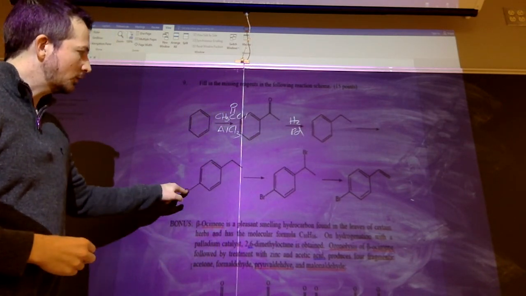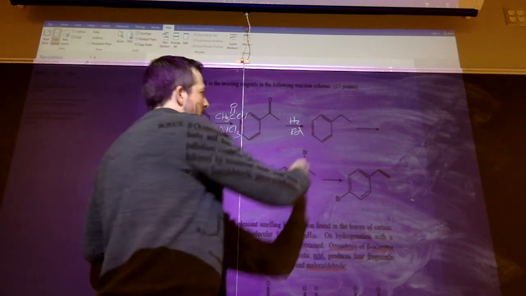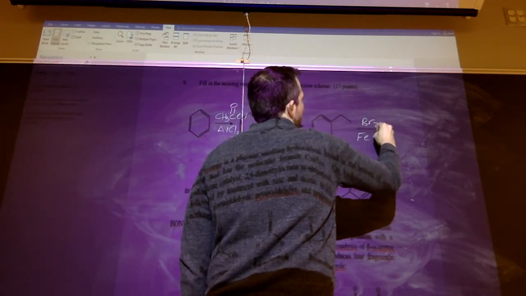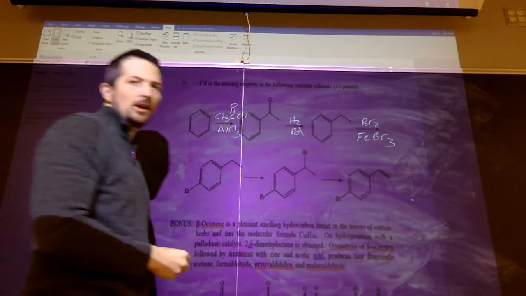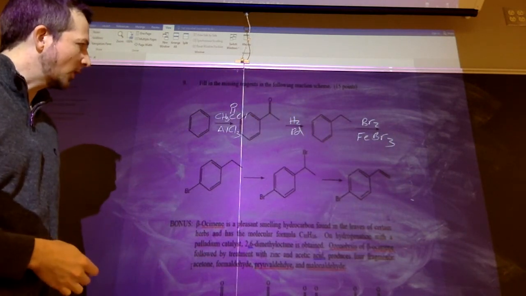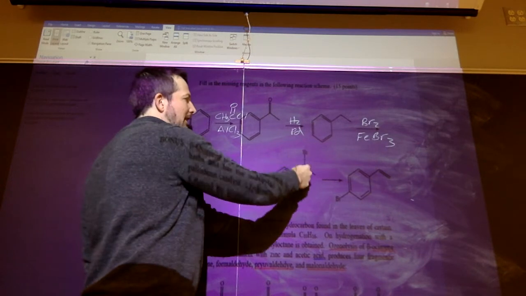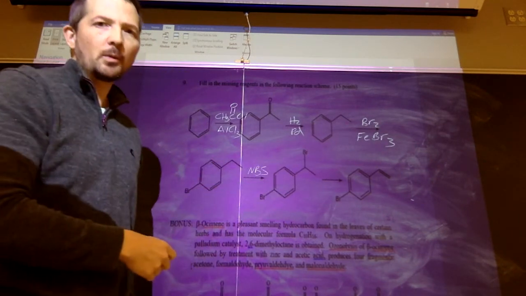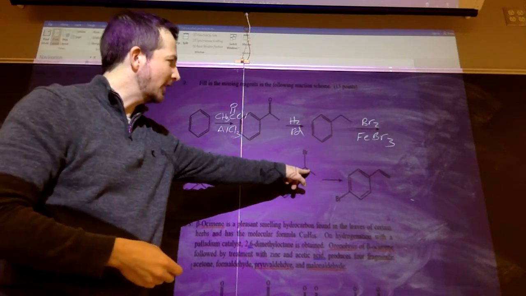Then I need to add a bromine to the para position. This is an ortho-para director. So just electrophilic aromatic substitution at the bromine. You don't want to add the bromine to the allylic position. That's NBS. Then I'm forming a double bond, secondary halide.